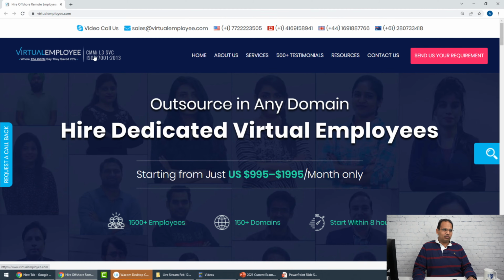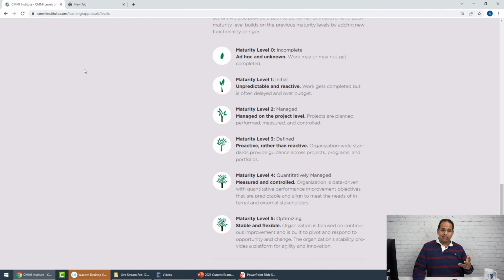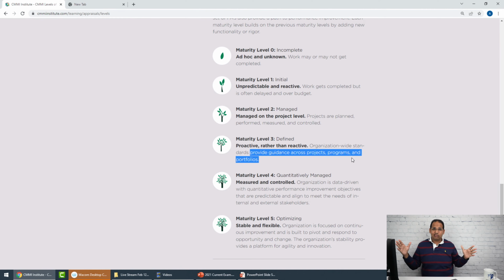And they said, we are CMMI level 3. So what does that mean? Organizations publicize this to say, we are good at developing, because at level 3 they're defined. They have organization-wide standards that provide guidance across projects and programs, so they have a good standard across the entire organization to do good software development.